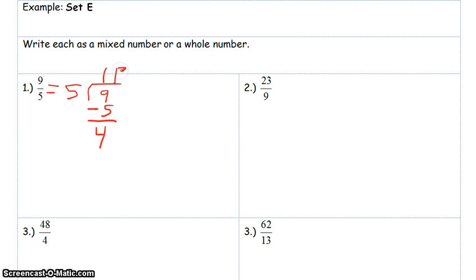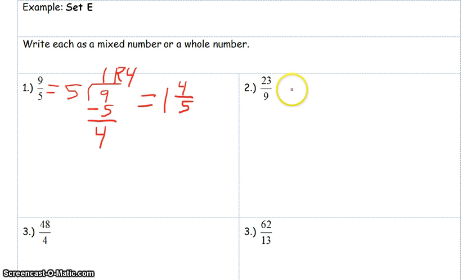So we have a remainder of 4. Now we want to write this as a mixed number. We know this number here will be our whole number. Our denominator stays the same. Our numerator is the remainder. We're done. It's 1 4/5.